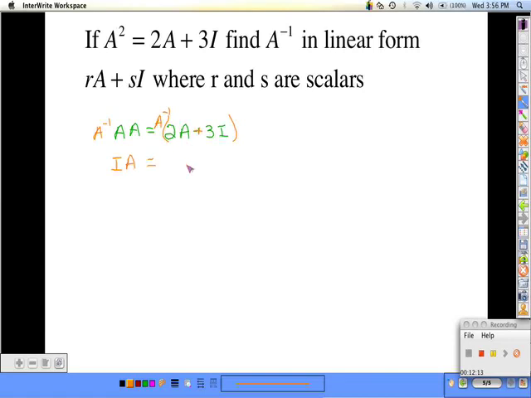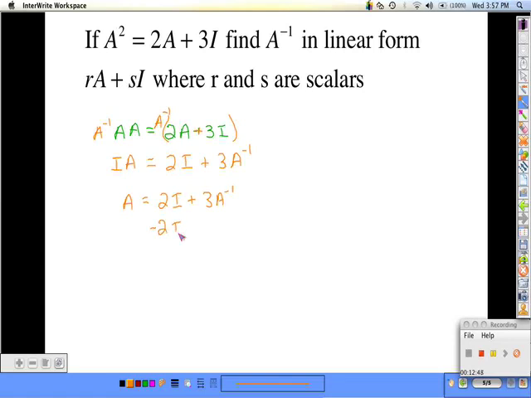And on the right-hand side, matrices are distributable. So I'm going to have 2 times the identity plus 3 times A inverse. A inverse times the identity. Remember, multiplying by the identity doesn't change the value. So on the left, I just have A equals 2I plus 3 times A inverse. And I have what I want. I want an A, I want an I, and I want an A inverse. I just have to solve for A inverse.